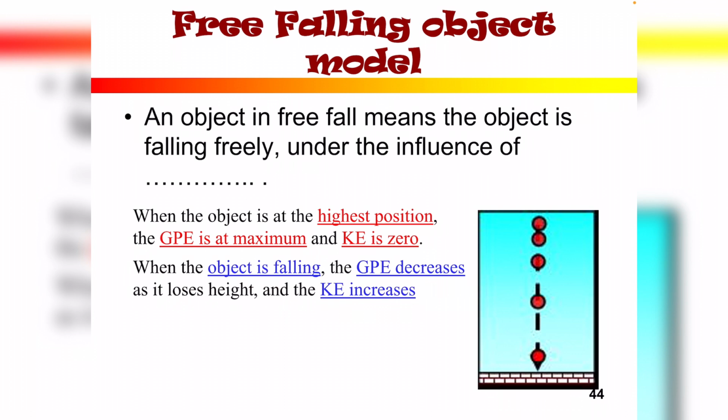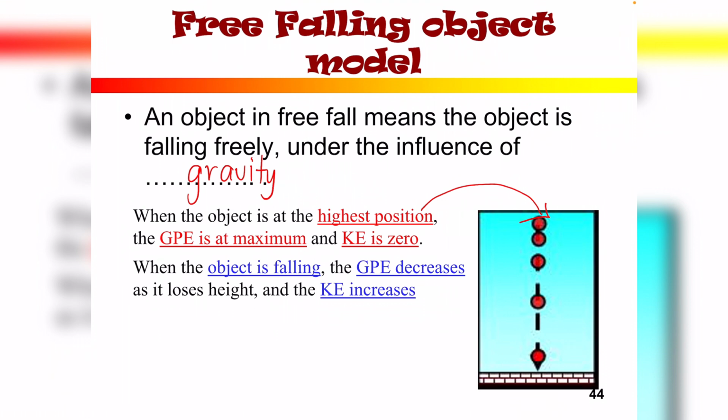So the same is true in free-falling bodies. An object in free fall means the object is freely falling under the influence of gravity. When the object is at its highest position, the GPE is at maximum and the kinetic energy is 0.